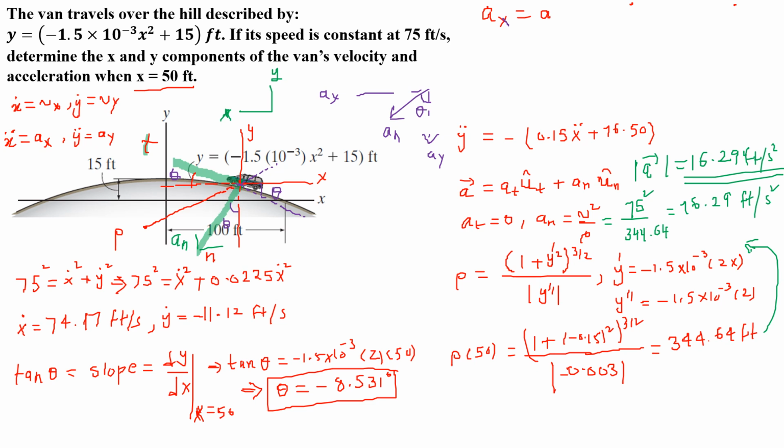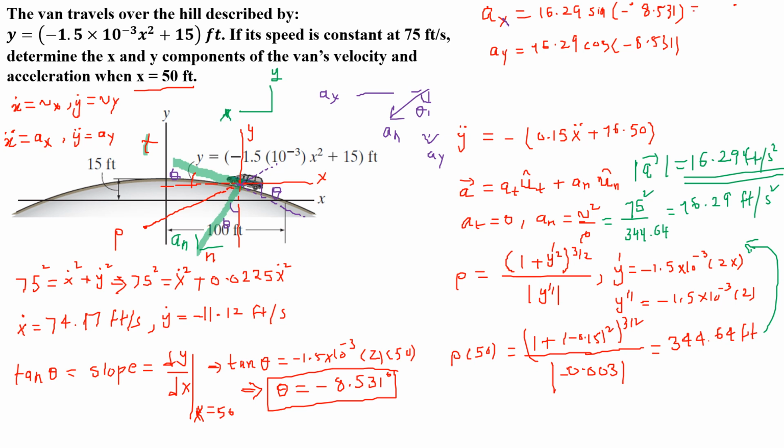So a_x is a times sine theta: 16.29 times sine of negative 8.531, and a_y is 16.29 times cosine of negative 8.531.